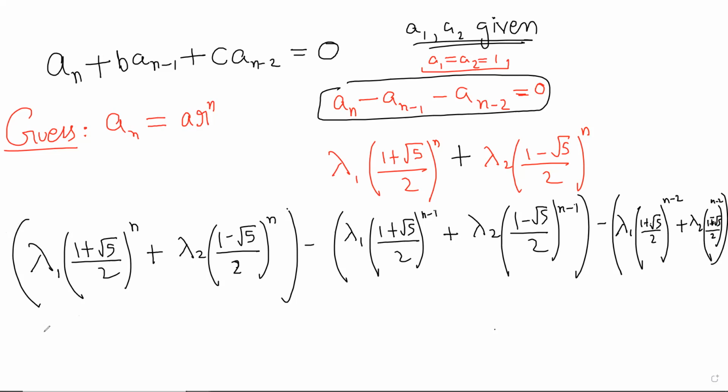But what does it come out to be? If you just take the terms in common, then you will see that it works. So what I'm saying is you take this in common, and then what do you have? You have this.